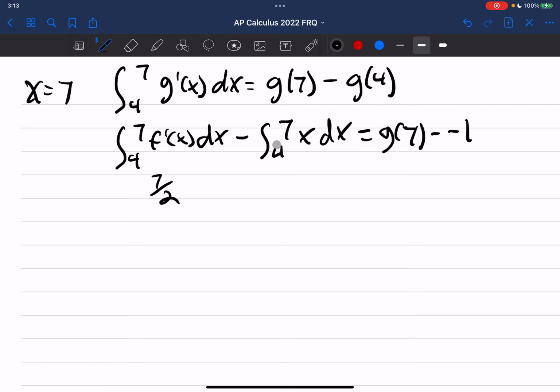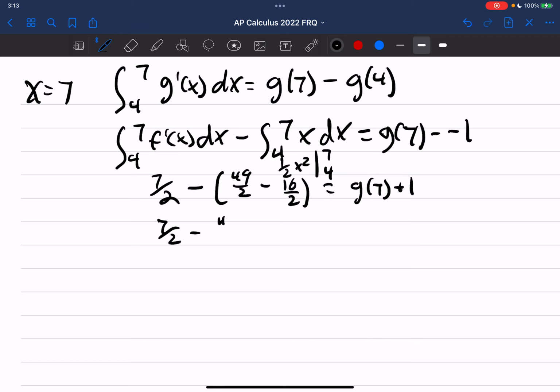The integral from 4 to 7 of x dx is 1/2 x squared, from 4 to 7. So we have 49 over 2 minus, and we'll just leave it as 16 over 2 so we have a common denominator, equals g of 7 plus 1. So 7/2 minus 49/2 plus 16/2 minus 1 equals g of 7.